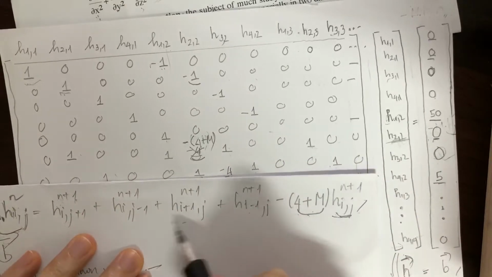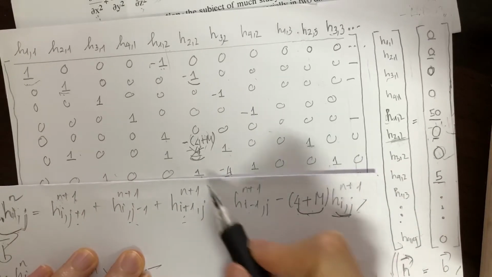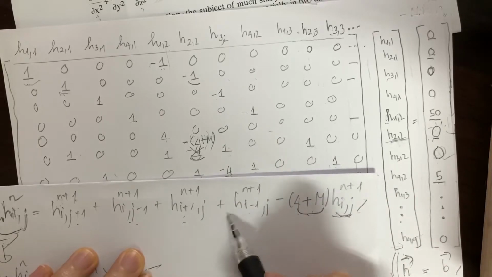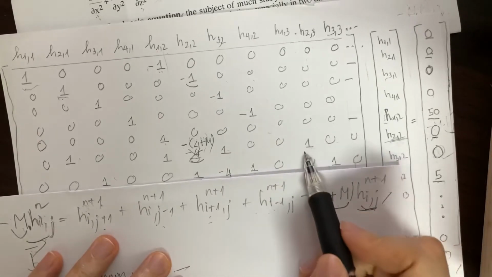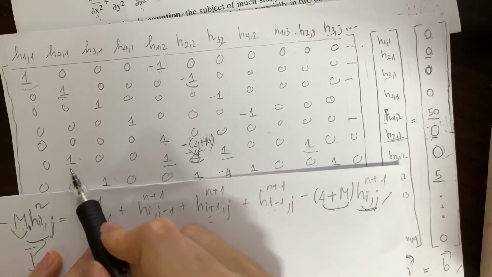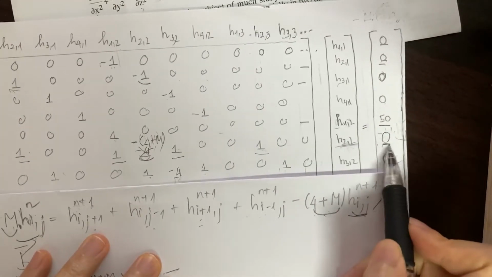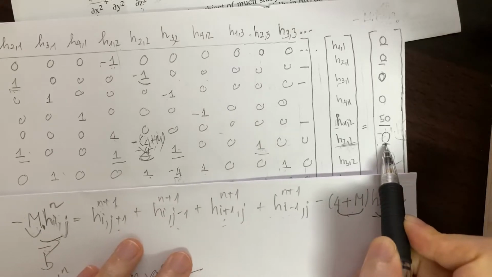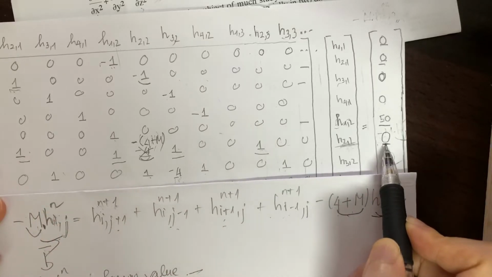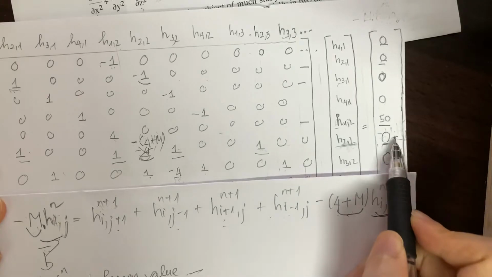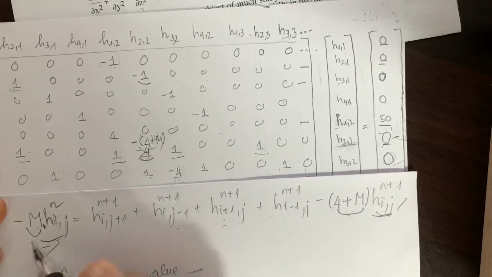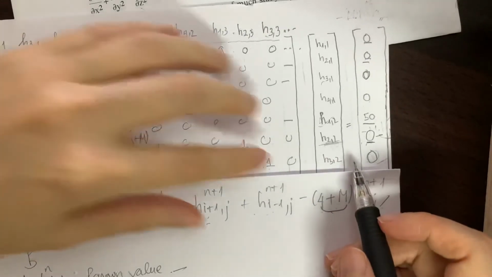And the points all around your center point have the coefficient of 1, so it's the same. And with the B column, instead of the zero value here, you will put the minus.